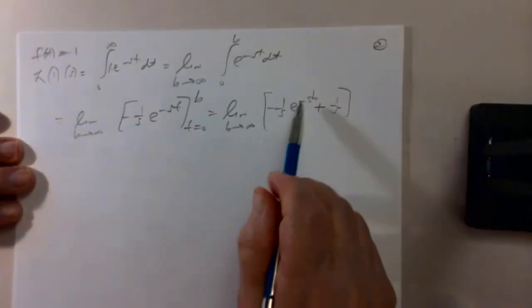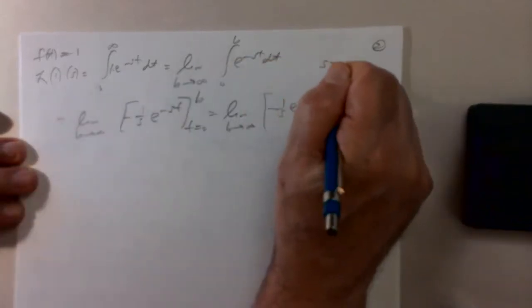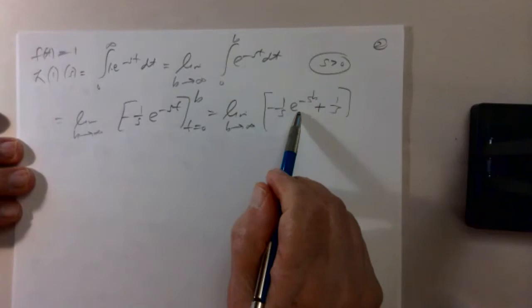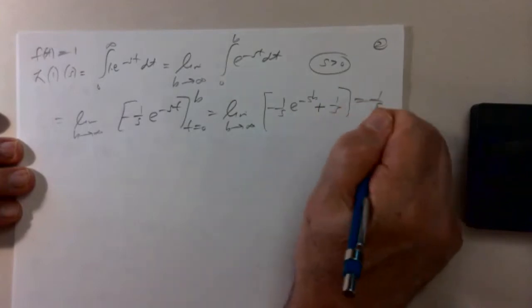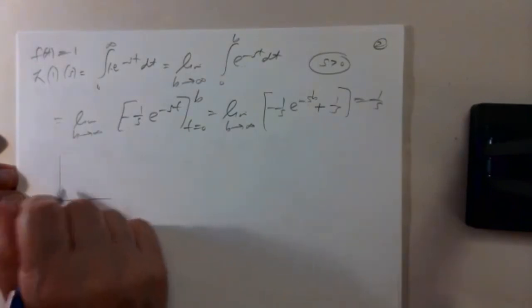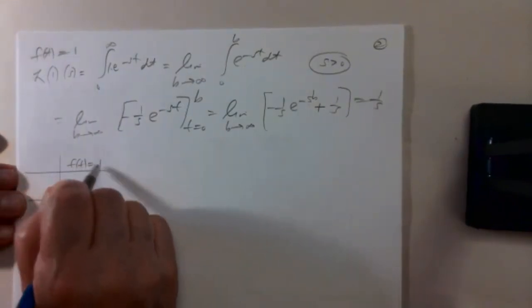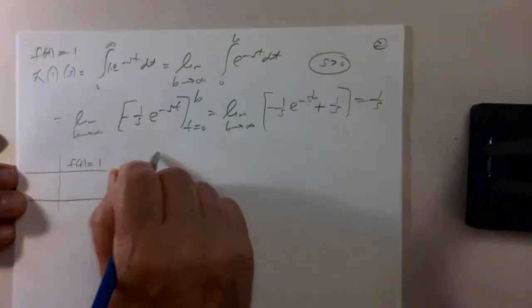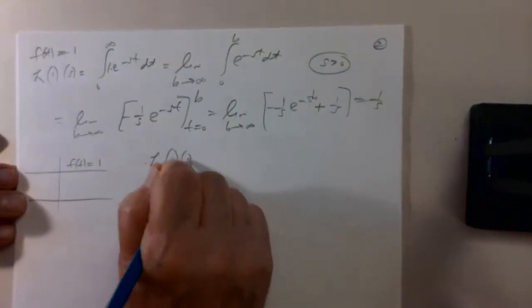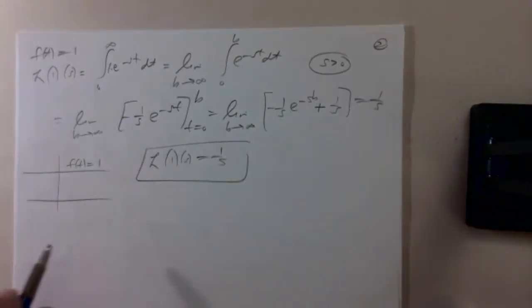And as b goes to infinity, if s is positive, this goes to 0. This equals 1 over s. So if we take the constant function f of t equal 1, the Laplace transform of 1 is 1 over s.